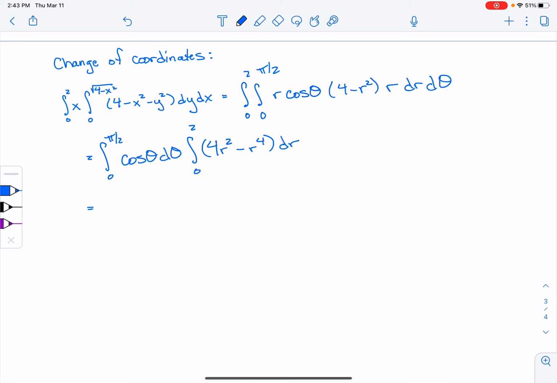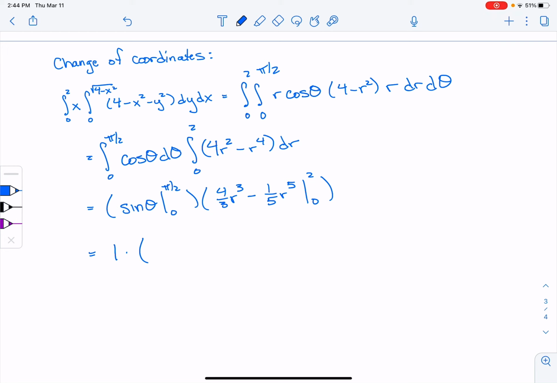Okay, so doing those two integrals, I'm going to get sine theta evaluated between 0 and pi over 2 times 4/3 r cubed minus 1/5 r to the 5th, and then we're going to evaluate that between 0 and 2. Sine of pi over 2 is 1 and sine of 0 is 0. So I just get 1 times, 4 times 2 cubed.